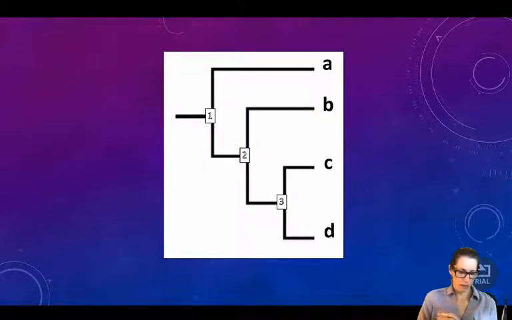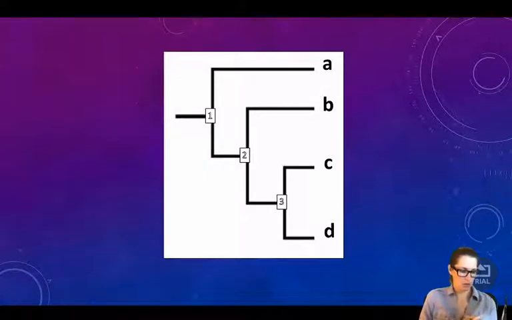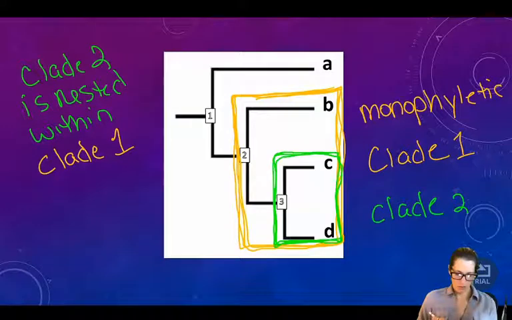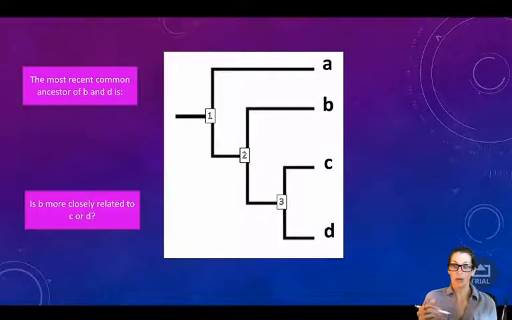And then, let's see, do I want to do it here? Yeah, I'll do it here. We already talked about that. That's not what I want to talk about. Okay. Then another concept. I haven't figured out how to erase when I'm actively in. So we'll go here and talk about the concept of sister taxa.